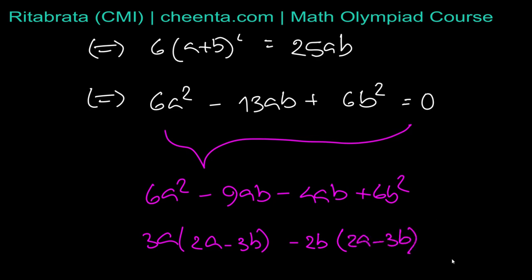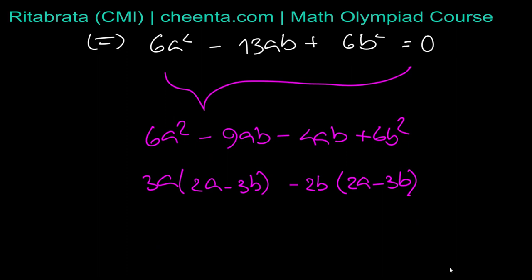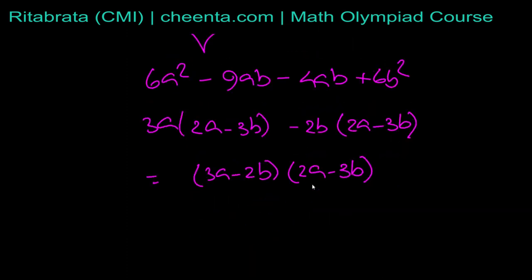So this is 3a minus 2b into 2a minus 3b. So we have 3a minus 2b into 2a minus 3b equal to 0. So at least one of them must be 0.